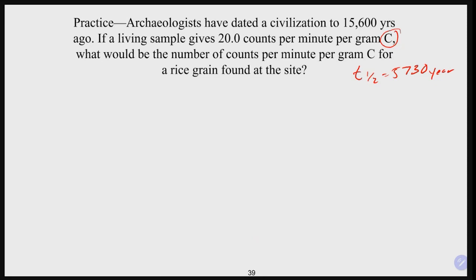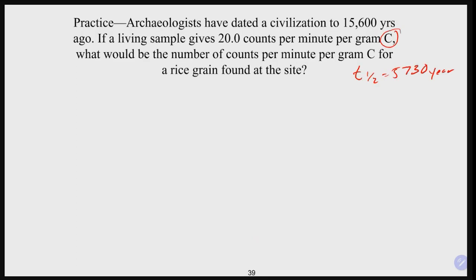So here we have something that's really old. We want to know what kind of counts per minute our radioactive decay is going to give. So in this case, we are going to use our kinetics equation here.